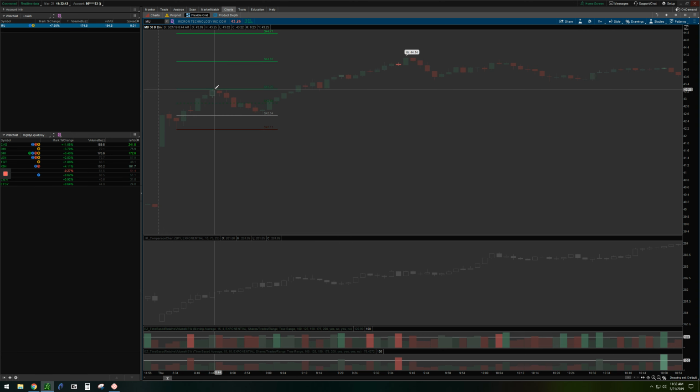I was aiming for 2 Rs here, 2 risk units, 2 times my risk. It didn't quite get there, and actually I had recognized that there was a 25 level there, $0.25, that would probably see some resistance.